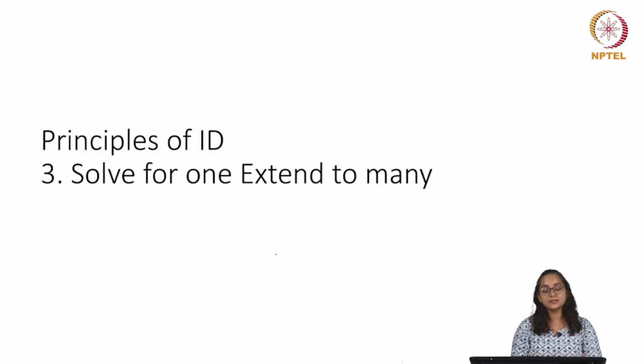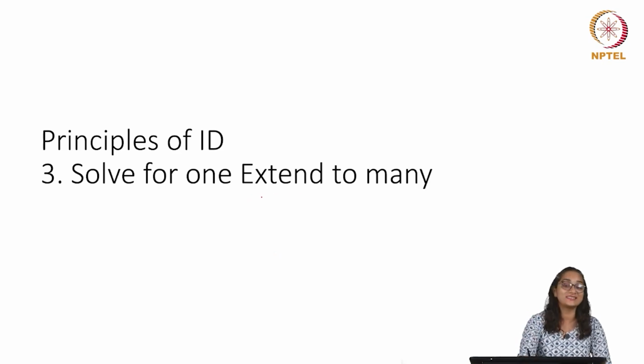Now coming to the third principle of inclusive design thinking, which is to solve for one but extend to many. Right? This also aligns with the universal design principles that we had discussed in one of the previous sessions. We can use those principles as a set of guidelines when we are trying to extend to many.